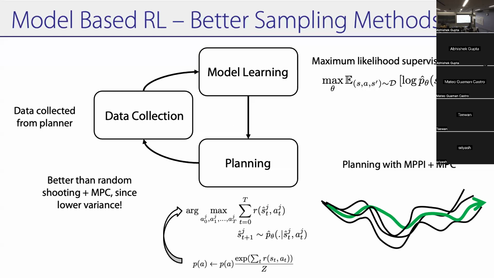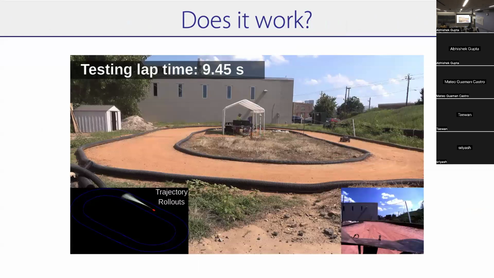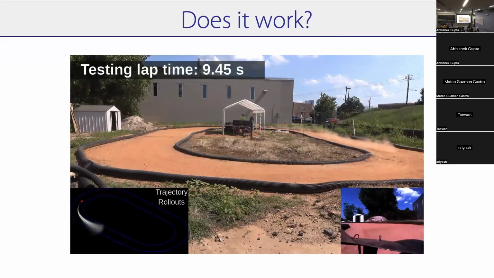So the point here is that it's better than random shooting because it has lower variance. And what Byron's paper tries to do is essentially derive this as an optimal sampling distribution. But the nice part is a lot of Byron's results are basically with MPPI.